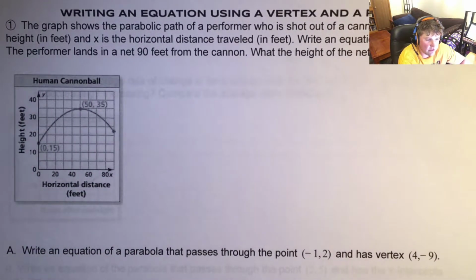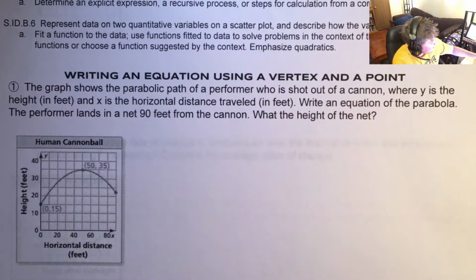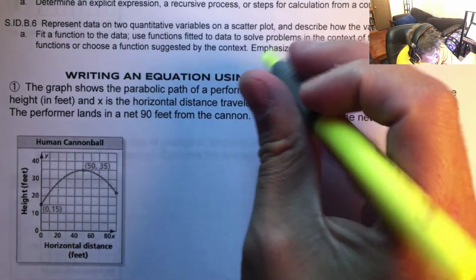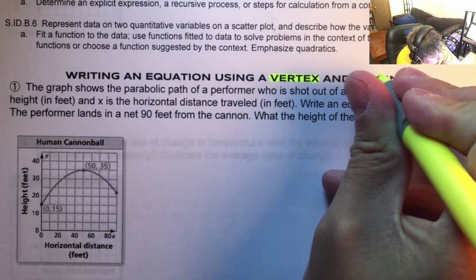Okay, so we have a little extra part that we're going to need to add in together. The big thing you're going to need to know here is that the information we're given gives me the vertex and then a random point.